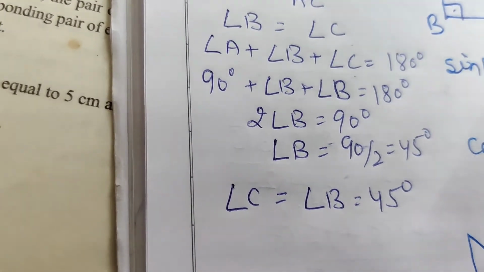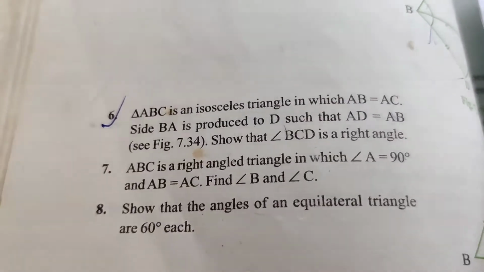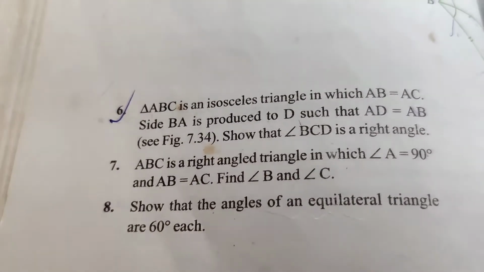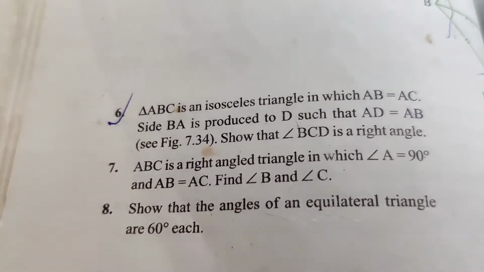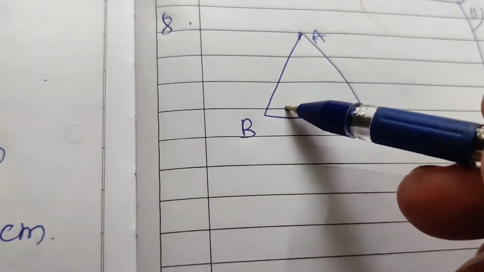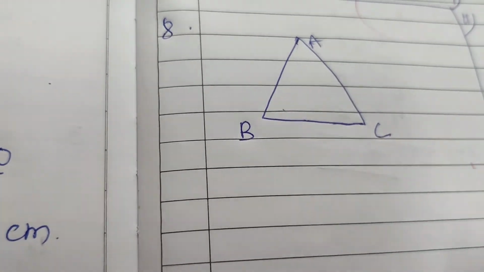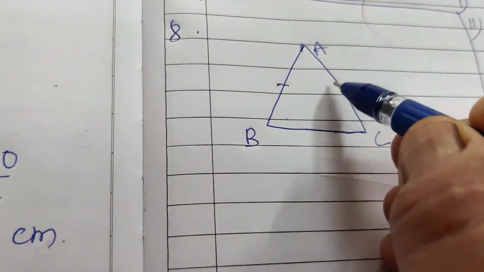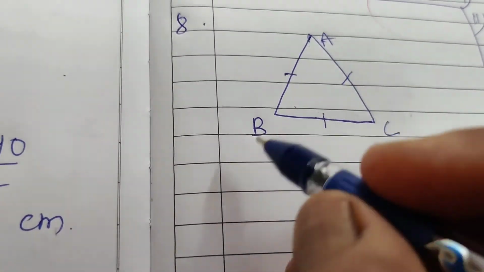Okay, the last question, number 8. Show that the angles of an equilateral triangle are 60 degree each. ABC is an equilateral triangle in which AB equal to BC equal to AC.